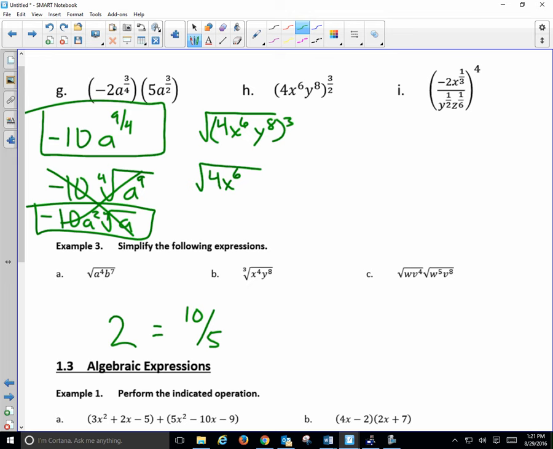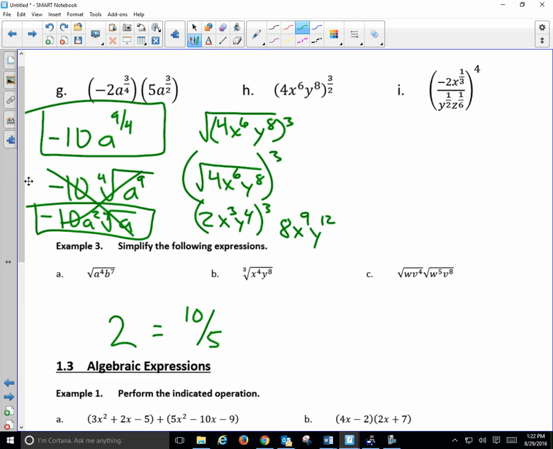So you want to rewrite it like this. Is that legal? Sure is. Way to go. So square root of 4 is 2, x to the third, y to the fourth, and then you got to cube that to get 8, x to the ninth, y to the 12th. Okay?